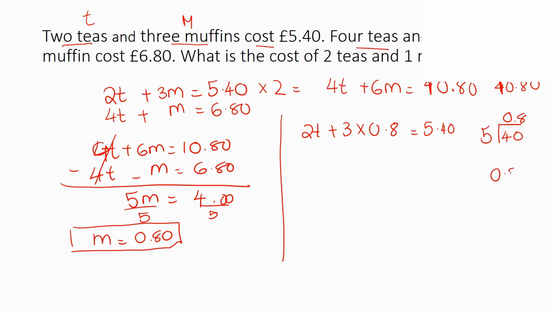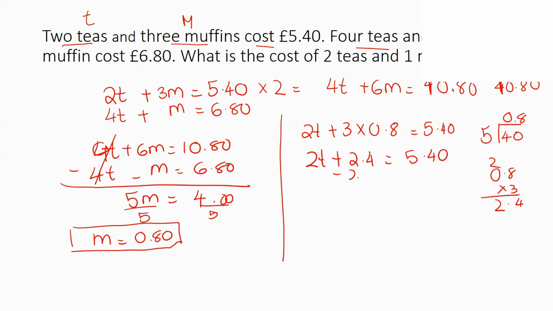And then 0.8 times 3 is 2.4. So that's that. So now we'll have 2T here plus 2.4 equals 5.40.